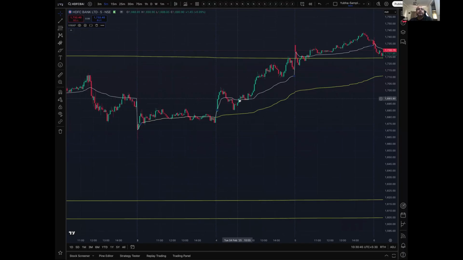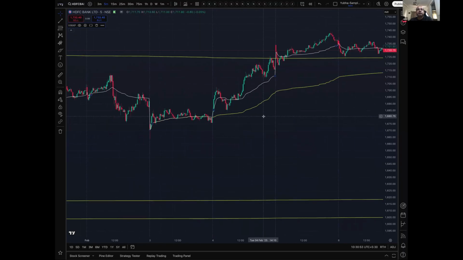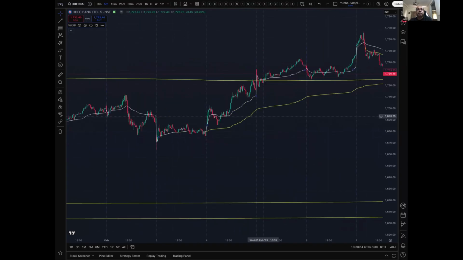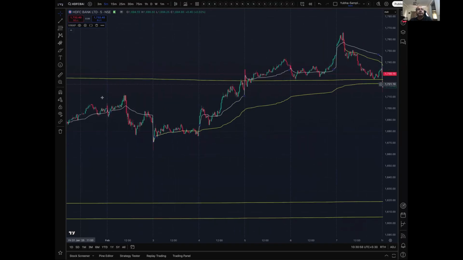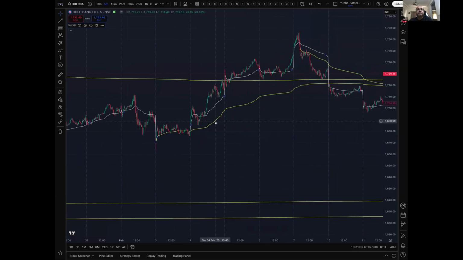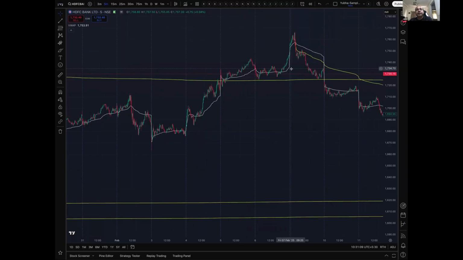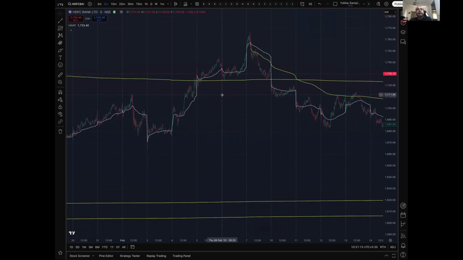This VWAP started a fresh calculation from day two, but this one is taking the last day's calculation into account and then moving forward. So you can plot both VWAP as well as anchored VWAP on the same chart in TradingView, but the anchored VWAP takes a particular point in time as the starting point and then takes the accumulated data, rather than VWAP, which starts afresh every day.